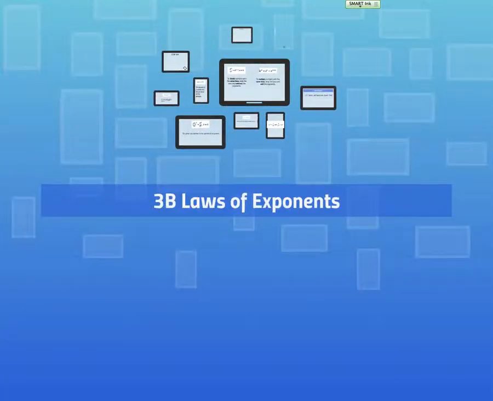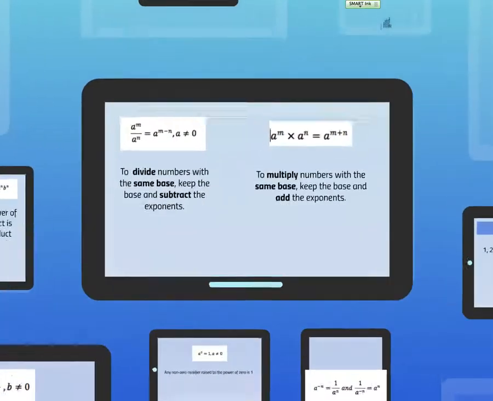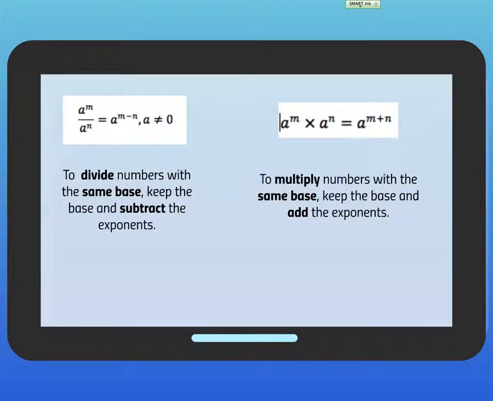We are in 3B, laws of exponents. The first two laws we're going to take a look at are dividing and multiplying.